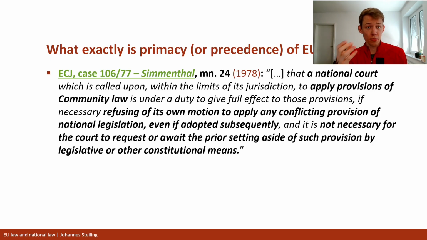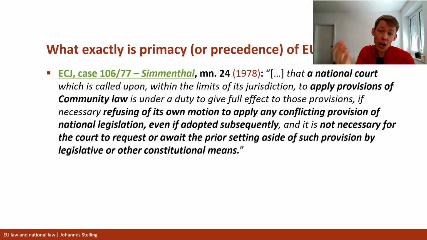This is also what makes primacy different from hierarchy, because when we look at hierarchy, we need to wait and request, for example, from the Constitutional Court. We have to ask the Constitutional Court to invalidate a law, like a parliamentary law which is in conflict with the Constitution.